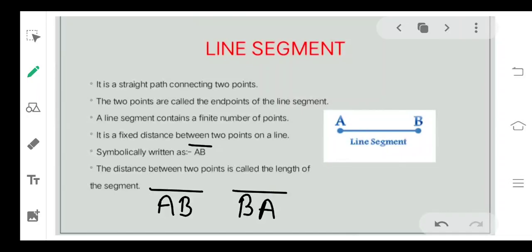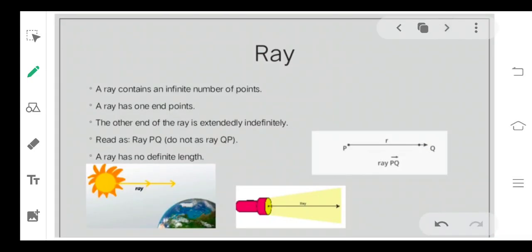Now we are going to learn about ray. A ray contains an infinite number of points. A ray has one endpoint.